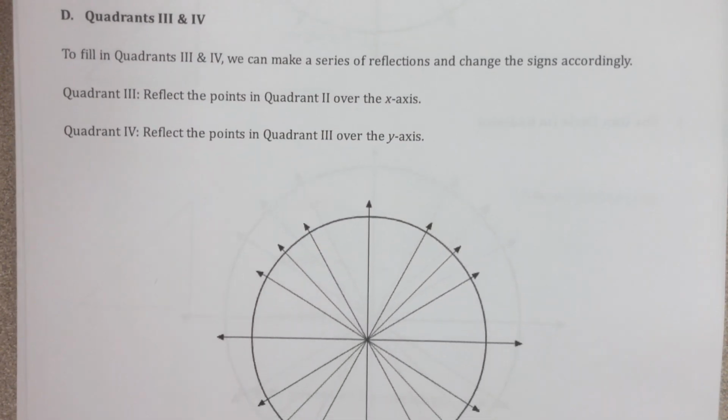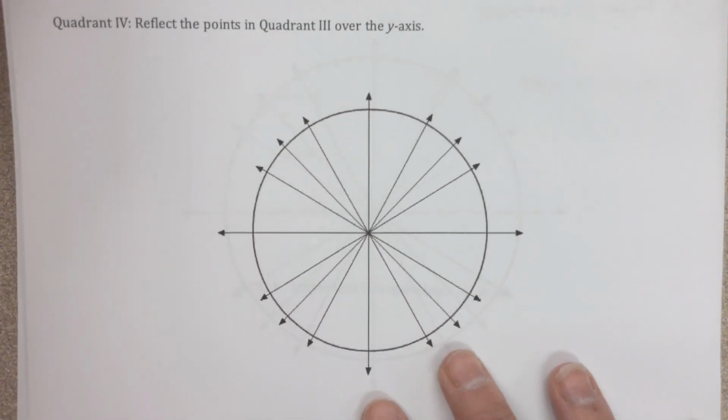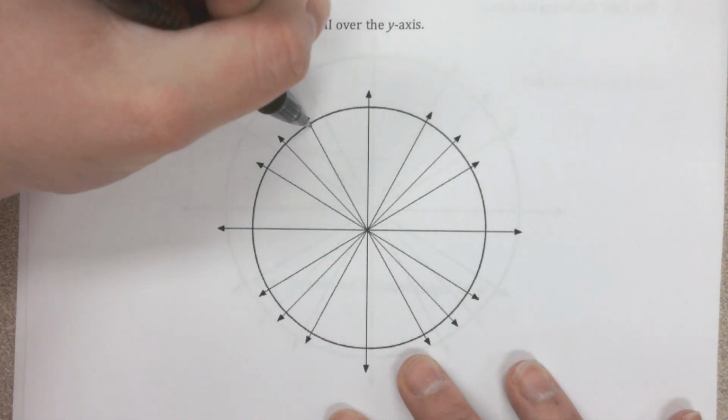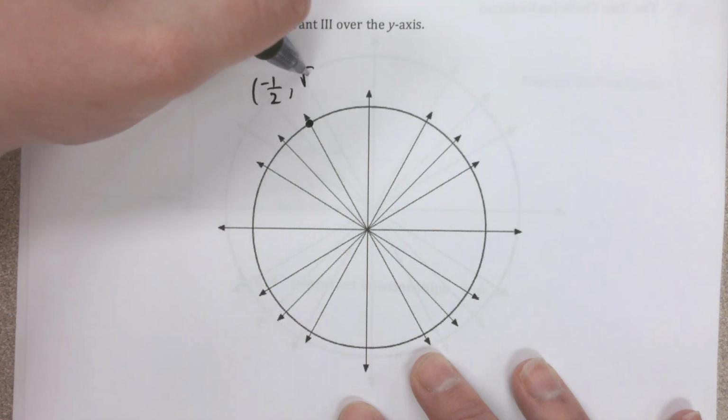Quadrants 3 and 4, same process. I'm going to start by rewriting the quadrant 2 points. So again, that's negative 1/2, square root 3 over 2.